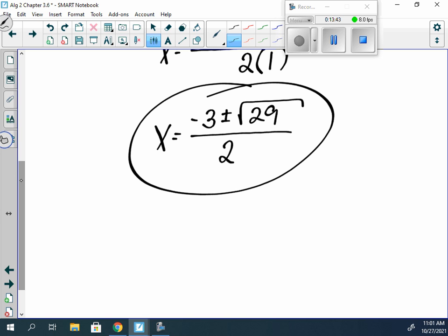That's it. I cannot simplify it any further without turning it into a decimal, so that is the answer. That is the solution for this quadratic equation. Are we ready for the next one?